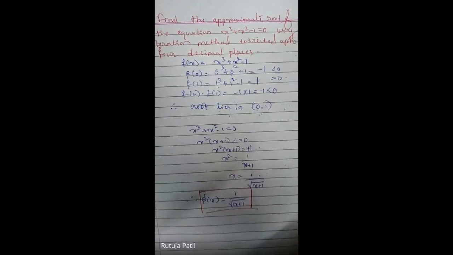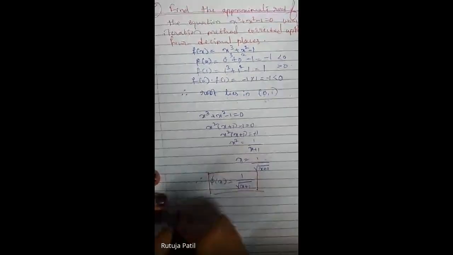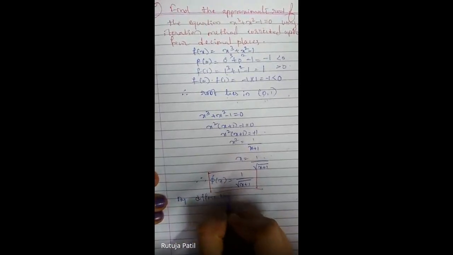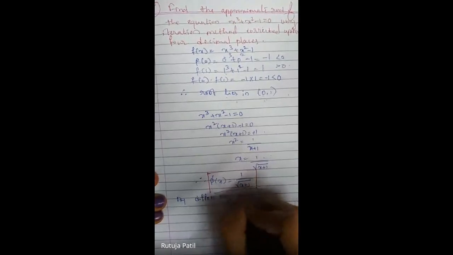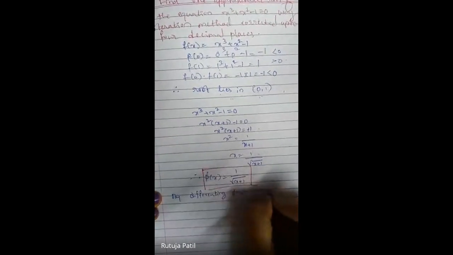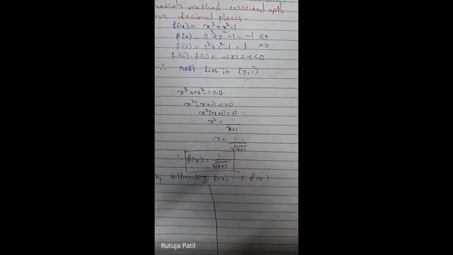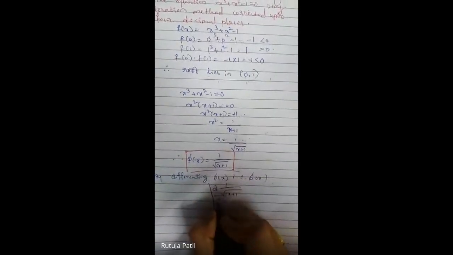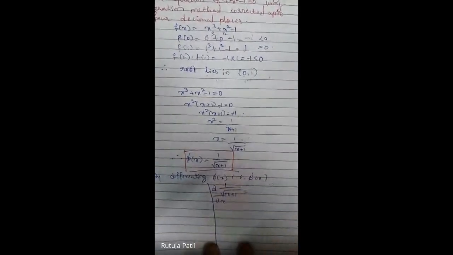Now the next step, we have to differentiate this, right? By differentiating psi of x, we should get psi dash of x. So how do we get psi dash of x? The equation is 1 divided by square root of x plus 1, so we have to find the differentiation of this.